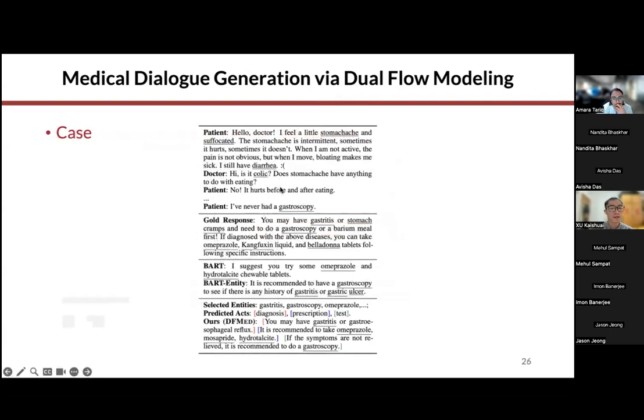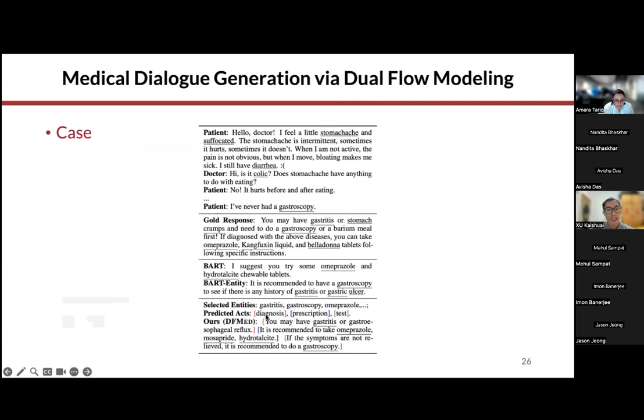Here's a case. We can see in the context, the patient and doctor conduct several interactions, and the last one is our response. The first step is to select the entities. We select gastritis and several macro entities, and we predict the actions: diagnosis, prescription, and test.